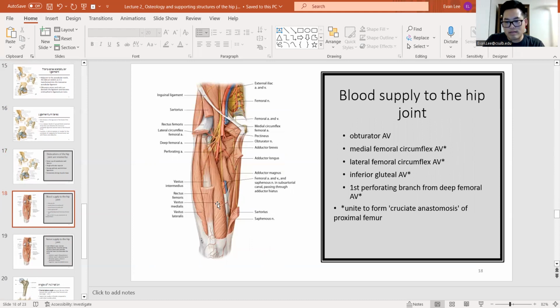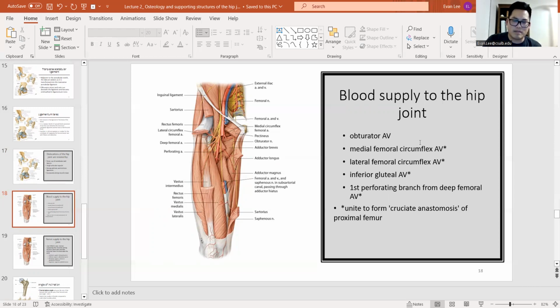Now, regarding blood supply, we will definitely talk about this more later, but just to bring up a few terms: first, medial femoral circumflex and lateral femoral circumflex. You have an artery and vein surrounding the neck and proximal end of the femur. If you remember from the humerus, you had anterior and posterior circumflex.